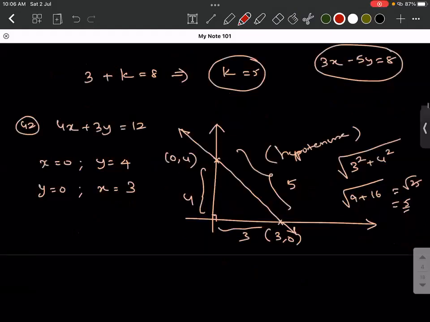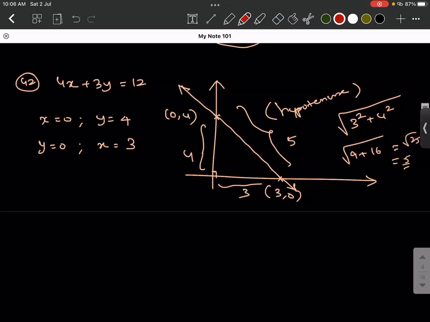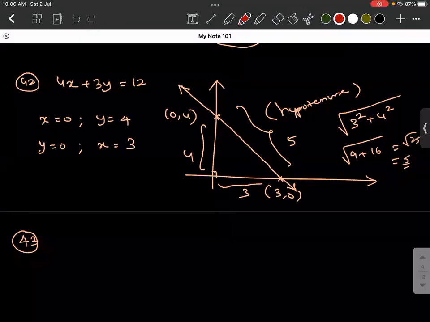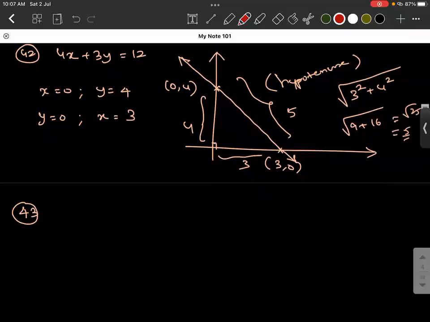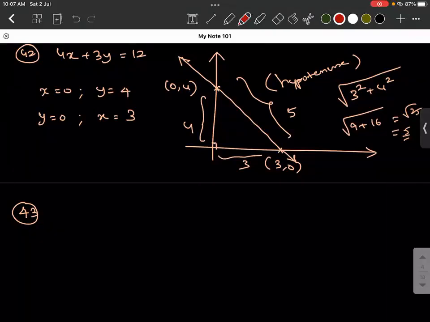Draw this graph and then copy it. Don't do it randomly. So when you're drawing a line, extend it on both sides.